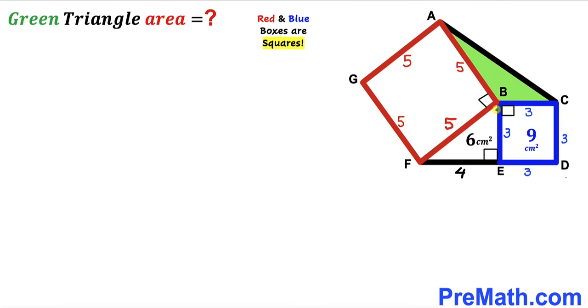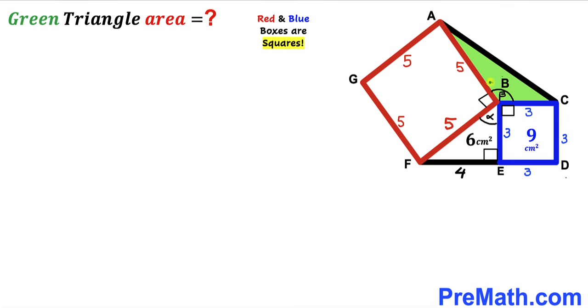Now let's make an observation. This angle is 90 degrees since we are dealing with the blue square, and likewise this angle is 90 degrees since we are dealing with the red square. I am going to label this tiny angle FBE as alpha, and the other angle ABC as beta.